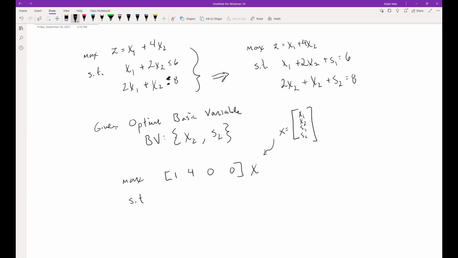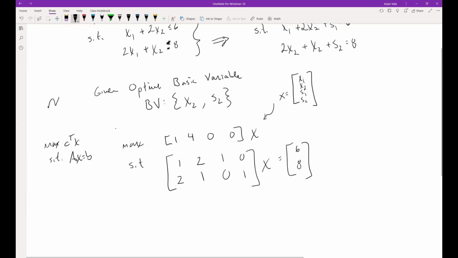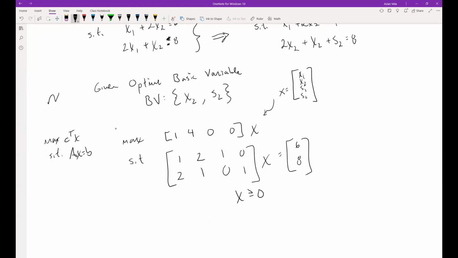We're just trying to get it into the form C transpose X. Our constraints we can just read off the equations. Doesn't take too much thought. Of course, X has a non-negativity constraint, so all variables in X are greater than 0.